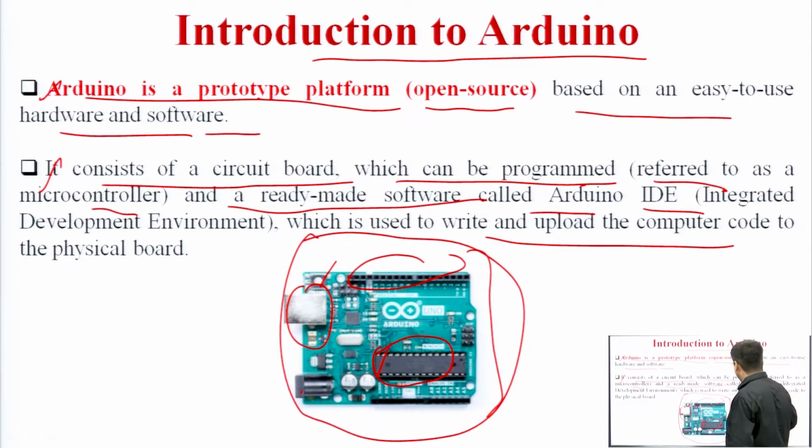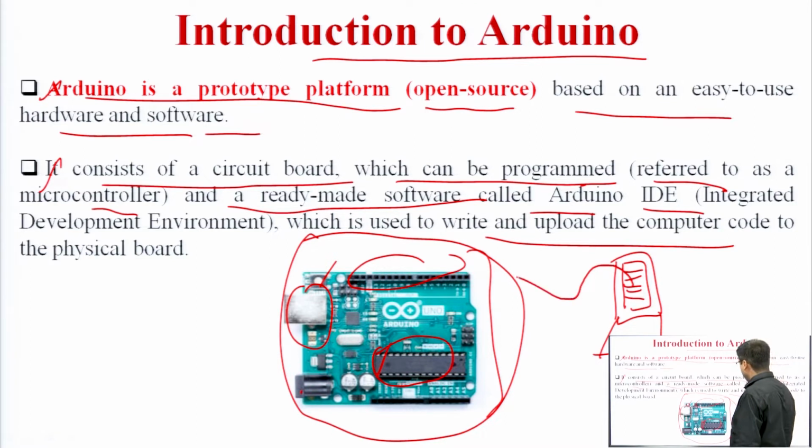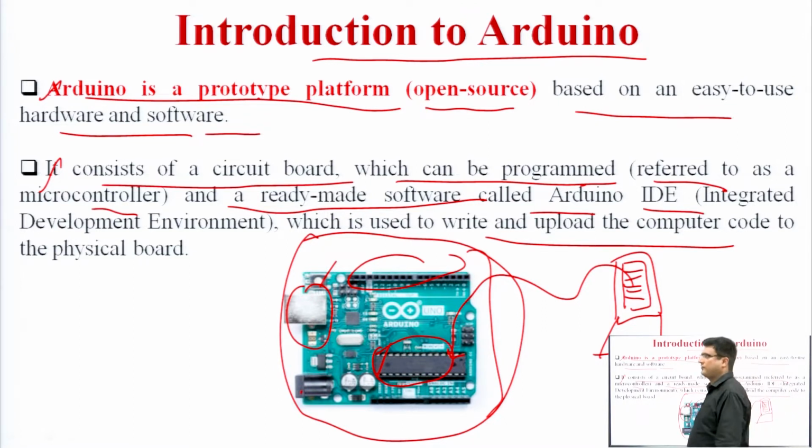For example, in a computer, if we are using the IDE, you can write the program in the IDE and then burn this code into the chip of the Arduino board. After programming, this Arduino board can be used for any project. It is like the 8051 microcontroller.